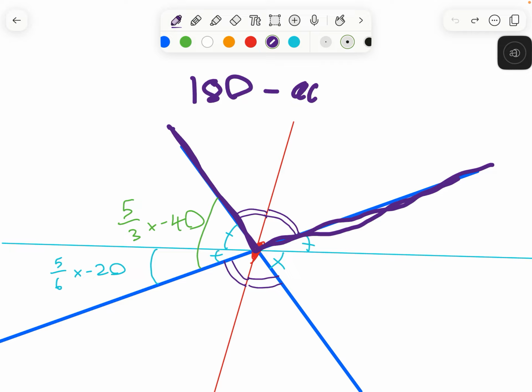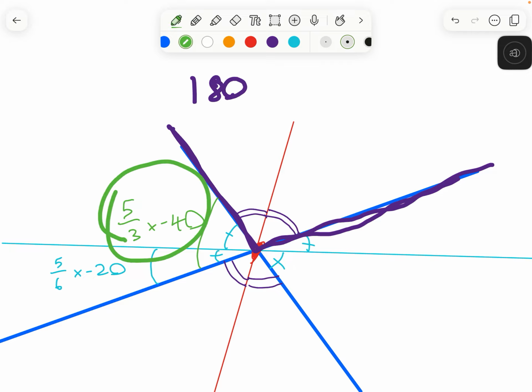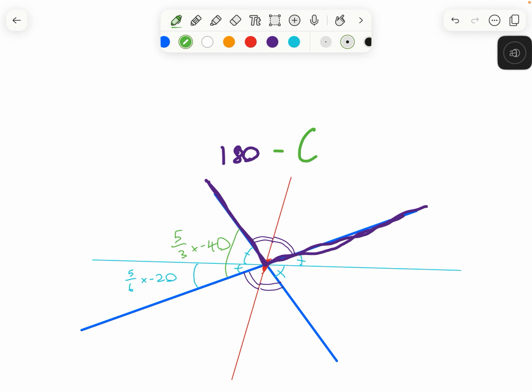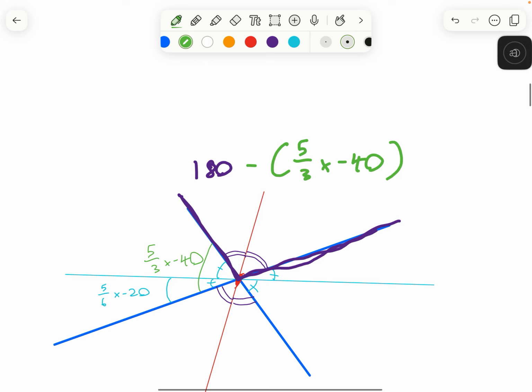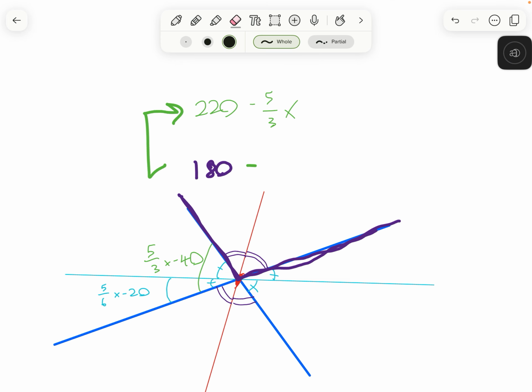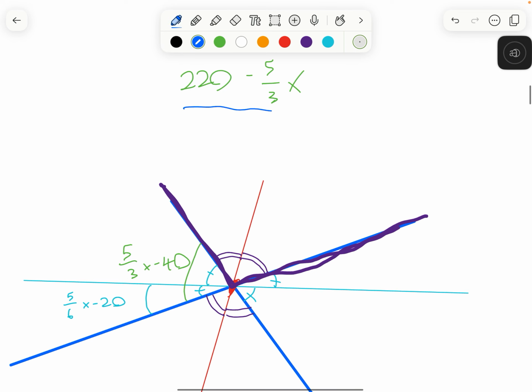And the measure of the acute angle, we already know, they gave us that value. So you do 180 minus (5/3 x minus 40), and when you solve that, you get 220 minus 5/3 x. So that's the measure of the obtuse angle, the entire purple angle here.